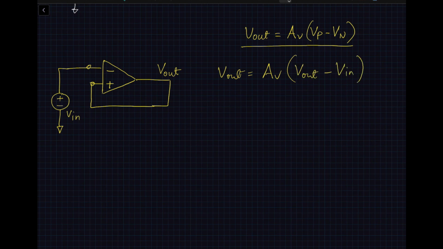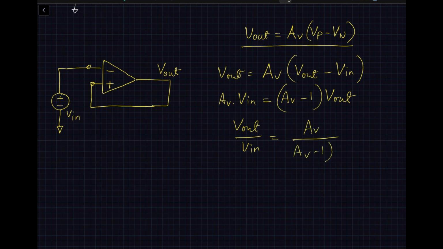Vn is Vin. Then we can say AV times Vin is equal to AV minus 1 times Vout. So Vout divided by Vin is equal to AV divided by AV minus 1. Since AV is a really large number, that's pretty close to 1, right? So if I apply an input voltage, I should see an output voltage equal to the input voltage.